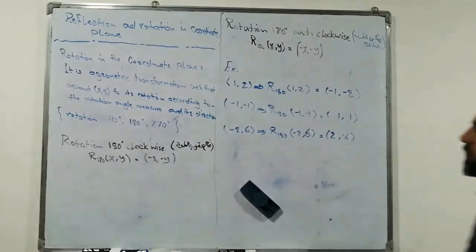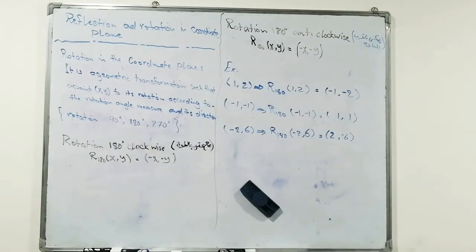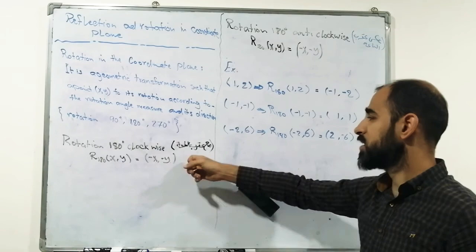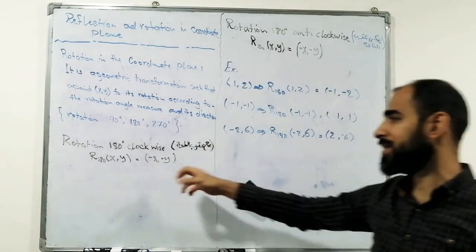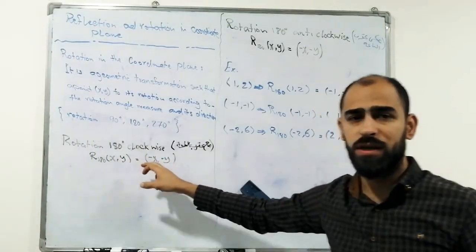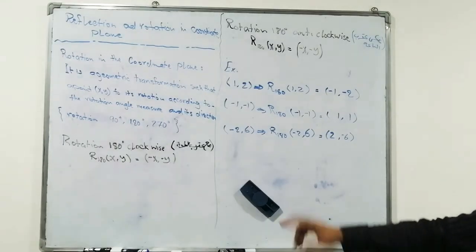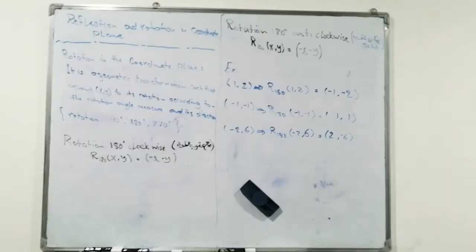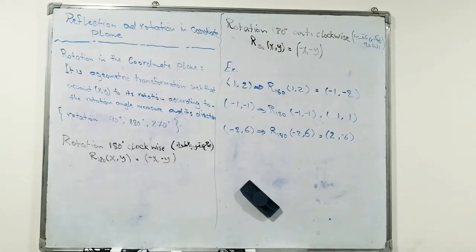So this is the rule of rotation 180 clockwise or anti-clockwise: the point x, y stays as it is, we just change the sign of x and y.